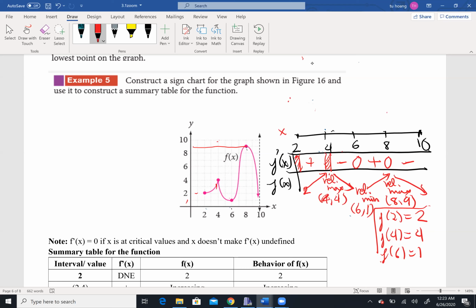Compared with the two values, you see that there's only two relative maxes, and the highest value in here has to be the absolute maximum. So I'm gonna say here also is absolute max.